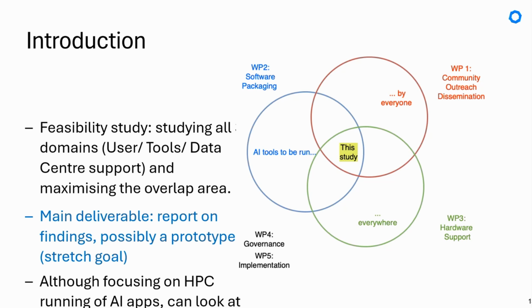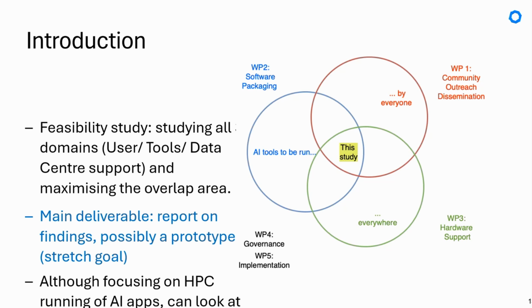We'll be looking at all these domains and into the overlap area and try to maximize it. Beginning with the feasibility study, the main deliverable will be a report on findings. And if we find a non-null overlapping area, then we try and develop a prototype as a stretch goal.